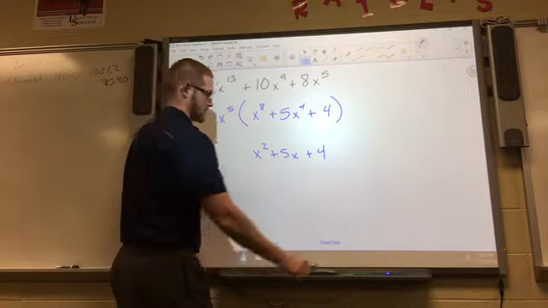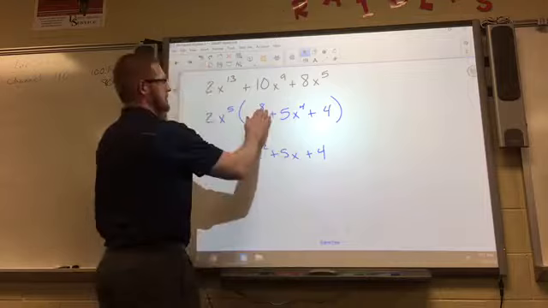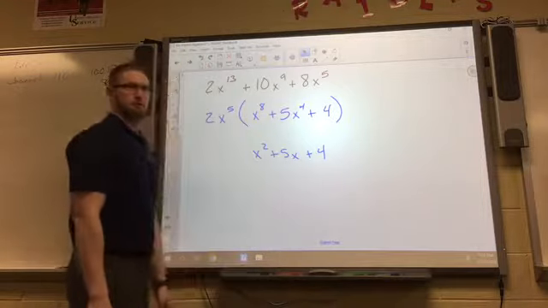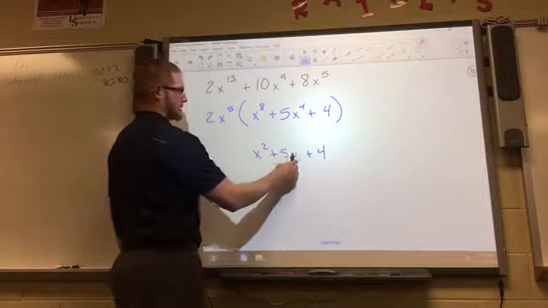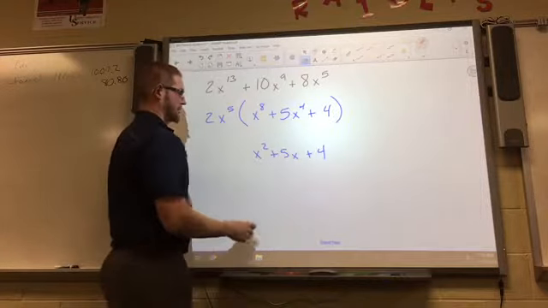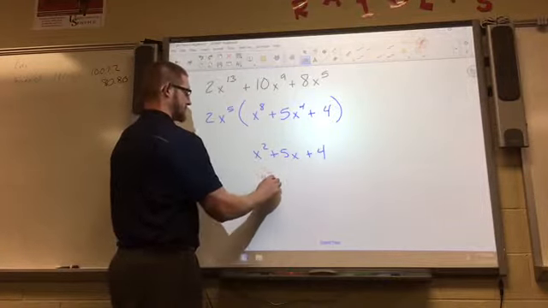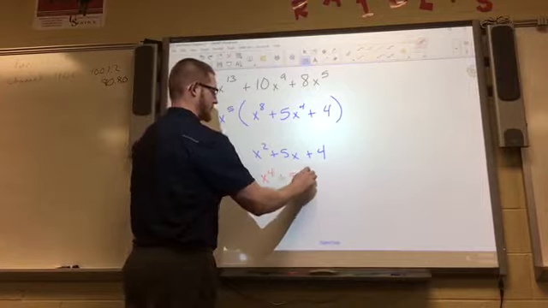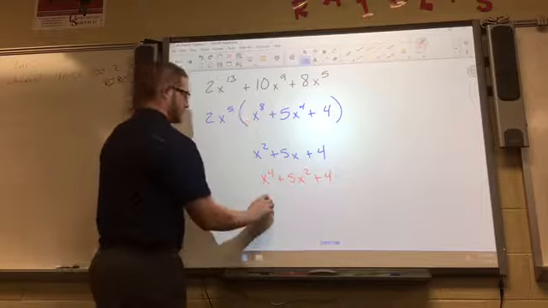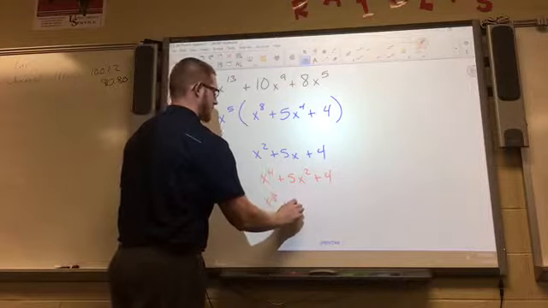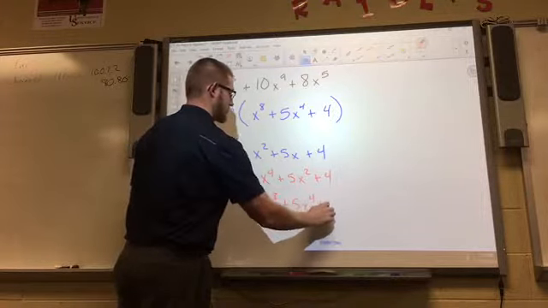Now, here's the catch, though. It can't just be any random exponents. Okay, we can do x squared and x to the first. Yesterday, we did an x to the 4th and an x squared. Here, we're going to do an x to the 8th and an x to the 4th.